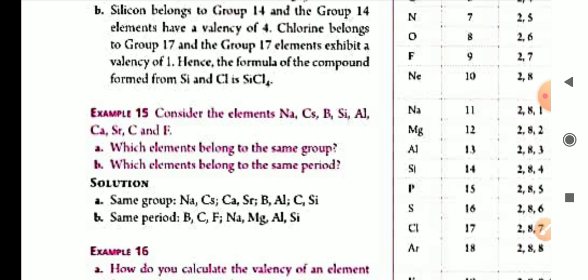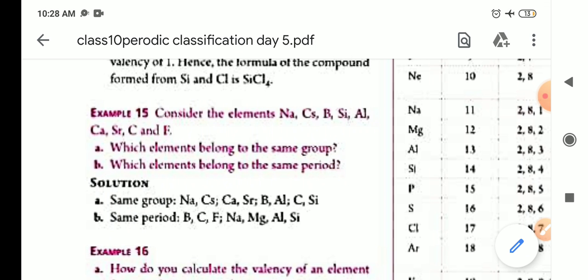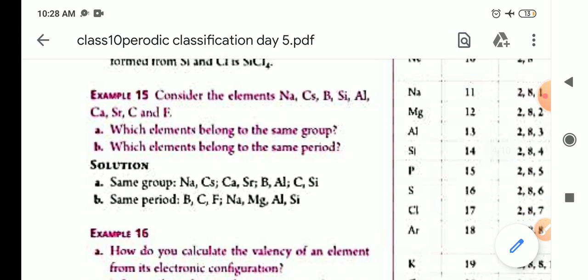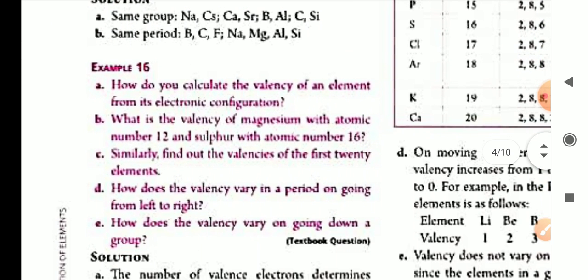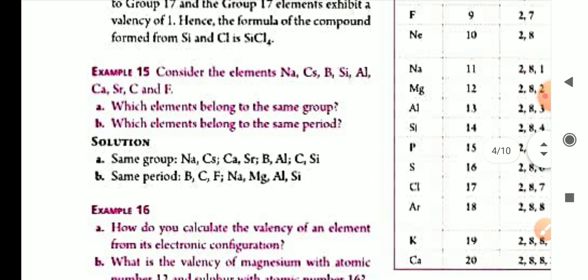The whole of period 3 is given here, but among the given elements, we only get sodium and aluminium and silicon also. Sodium is 2,8,1, boron is 5, 2,3.